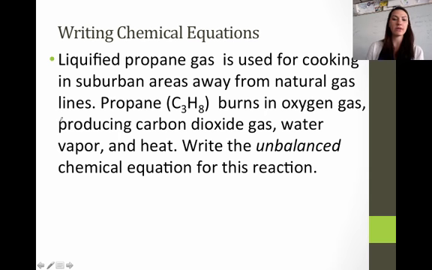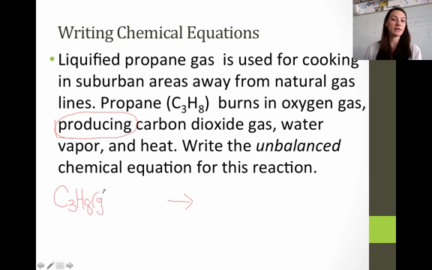We start by listing our reactants, what we start with. Propane and oxygen are the only two things we start with, before our arrow, which means produces. Propane gas is C3H8, and it's a gas, plus oxygen gas.